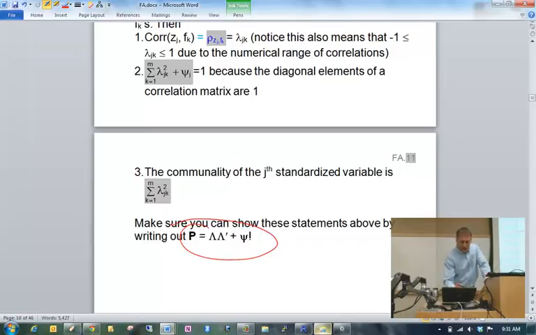So what that means then is that the variance for each of the z's would of course be 1. And so then the sum of the lambda squared plus the corresponding psi is equal to 1. Always. So then what's the proportion of the variance that these common factors explain about the z's? Well, just simply the sum of the lambda squared.